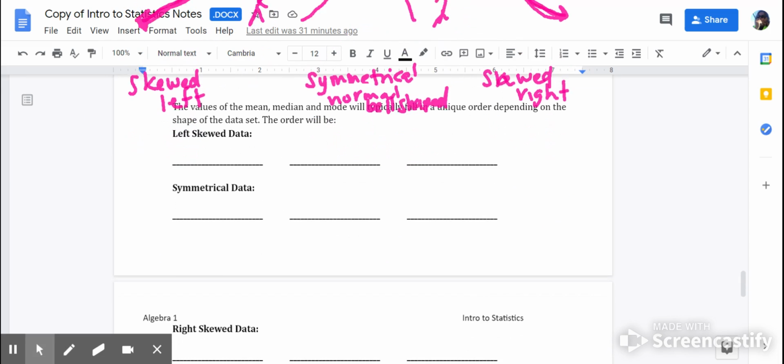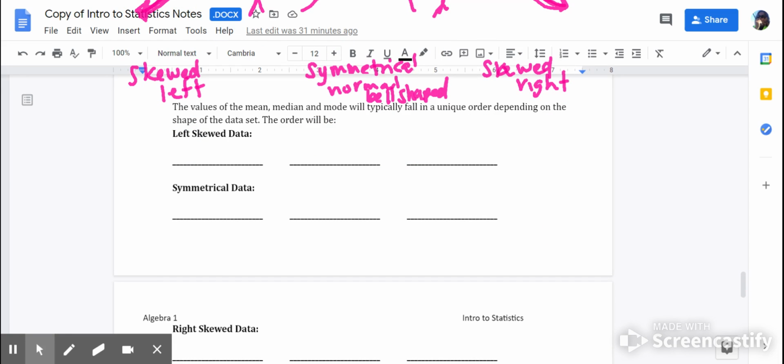So the values will typically fall in a unique order, depending on the shape of the data set. If we're looking at a data set that is skewed left, the first thing we'll see is the median, then we'll see the mean, and then the mode.